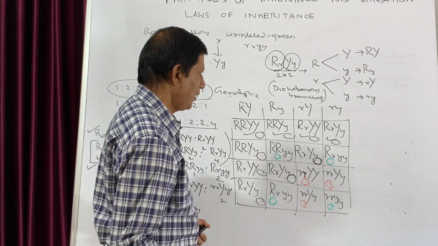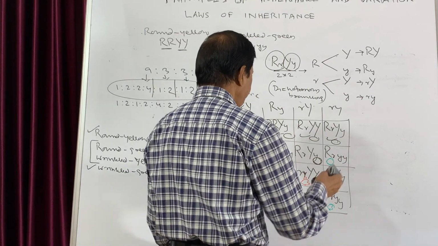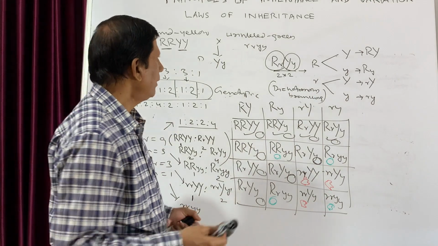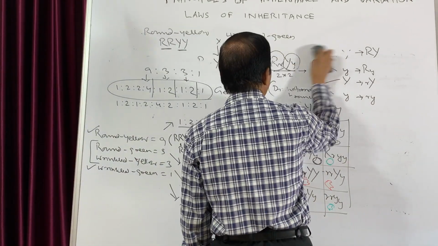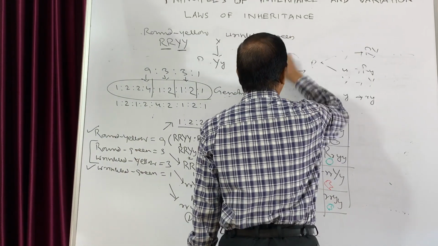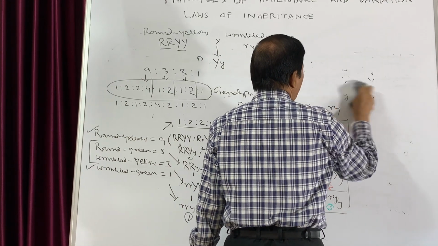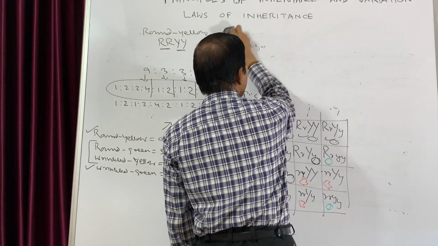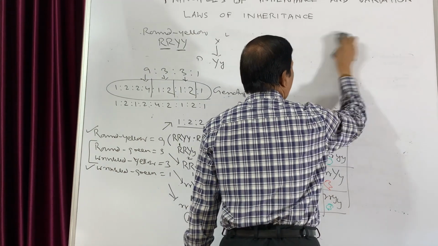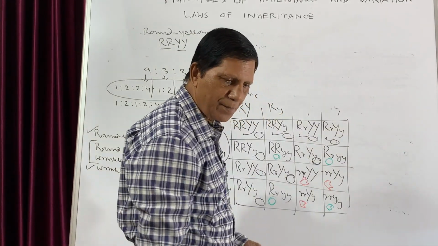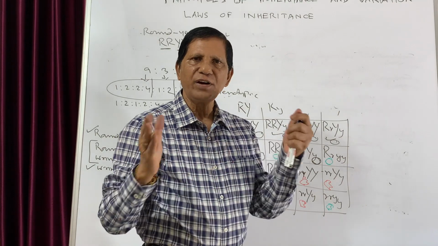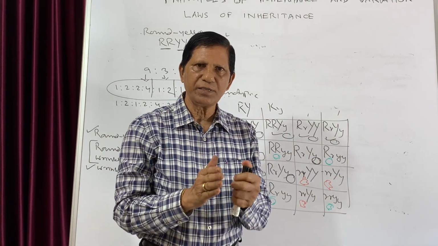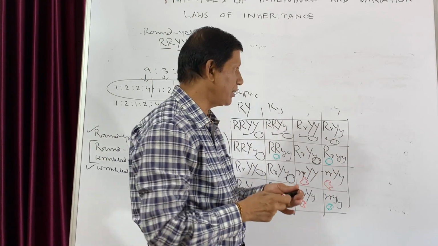Now this law of independent assortment, we will summarize it. It is applicable only to those characters whose genes are present either in different chromosomes, or if in the same chromosome, they are present far apart from each other. That is important.